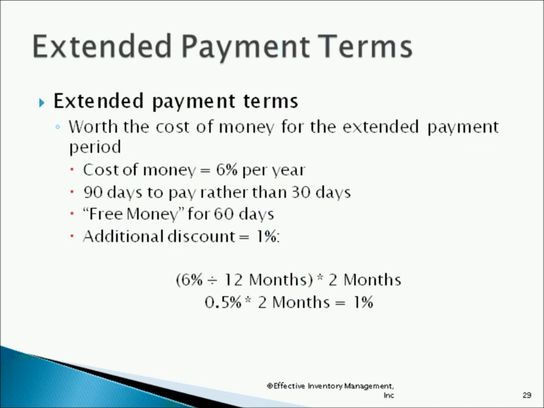That's what you're paying in interest, 0.5% per month. If the vendor's willing to give that to you, that's the return on your money, 0.5% per month. If you can pay for the shipment in 90 days rather than 30 days, you're getting that free money for 60 days, but that translates into a 1% discount. Now ask yourself, what sounds better?